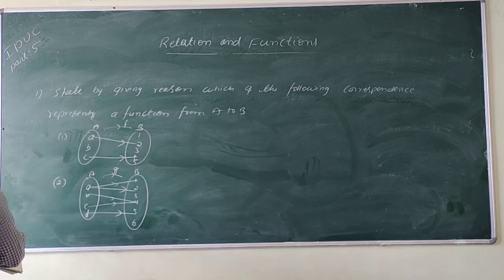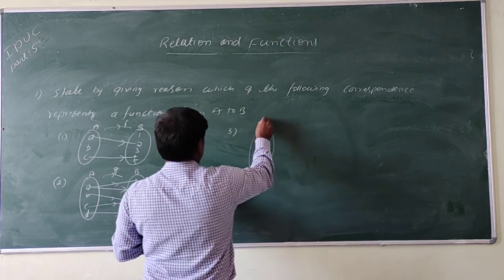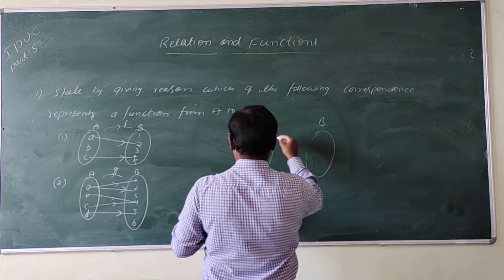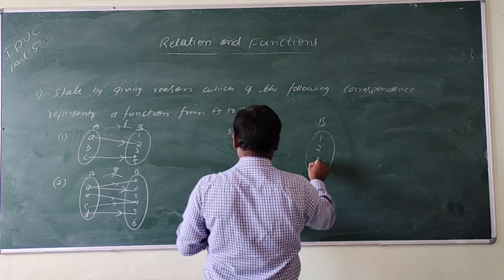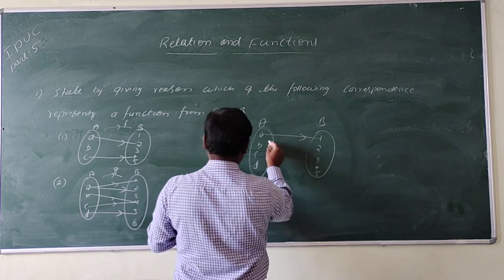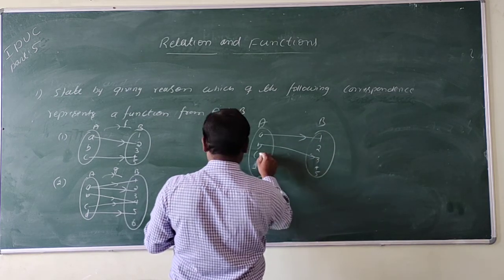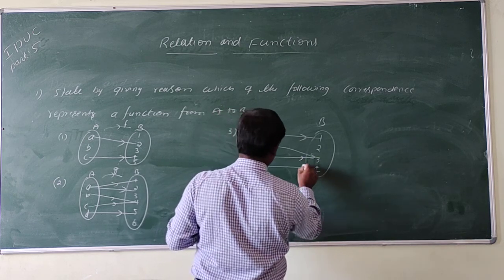And third one: A, B, C, D, and 1, 2, 3, 4, 5. B is related with 3, and C is related with 3, D is related.